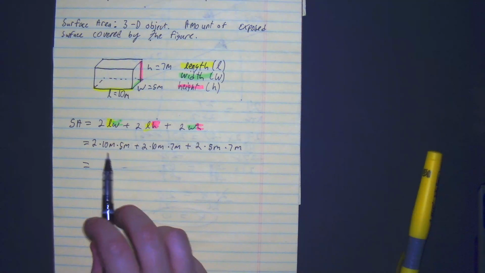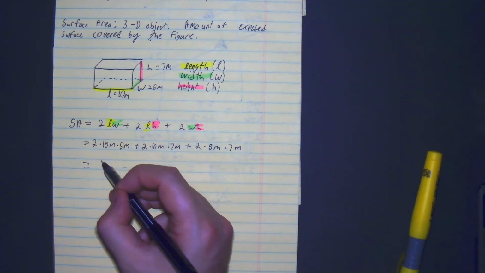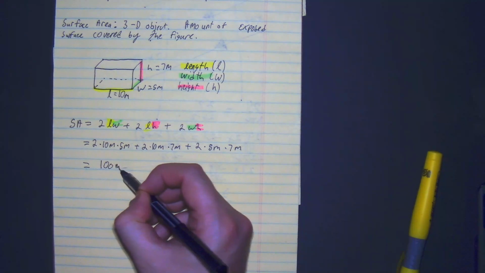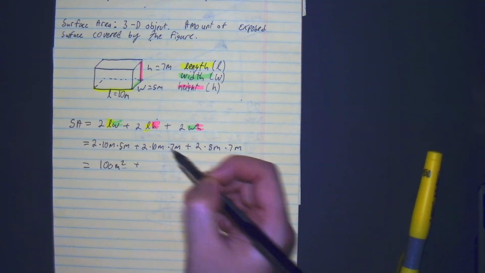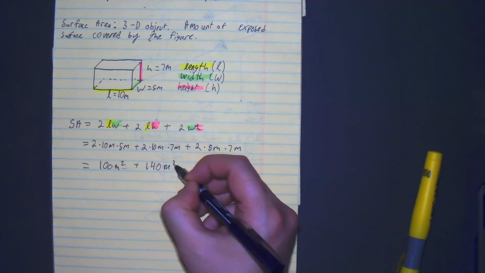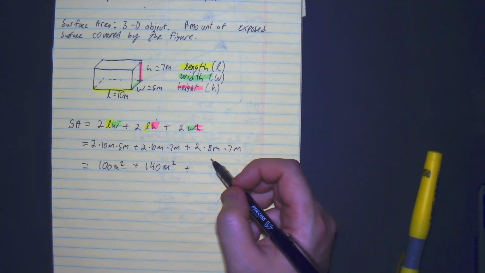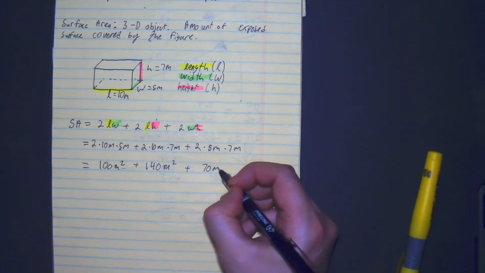2 times 10, 20. 20 times 5, get 100 meters squared. 2 times 10, 20, times 7, 140 meters squared. 10 times 7, 70 meters squared.